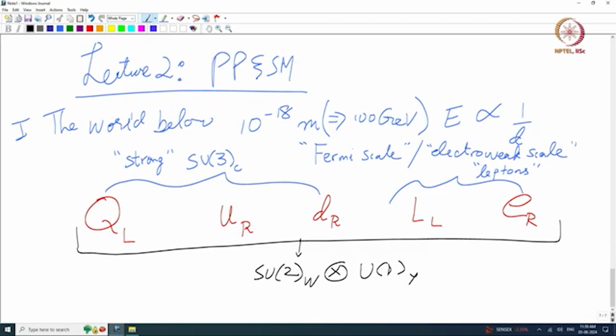Again we will see what this means. The W stands for weak, and a U1 group, an abelian group, the Y stands for hypercharge, okay.